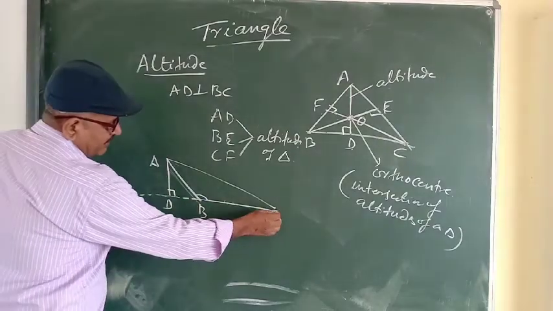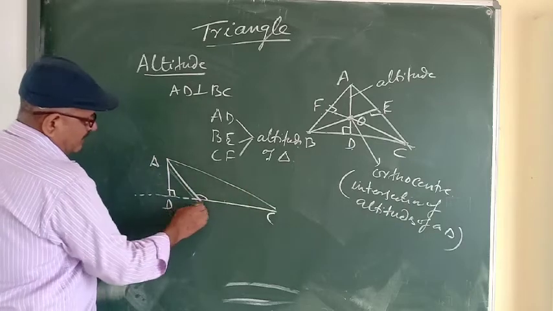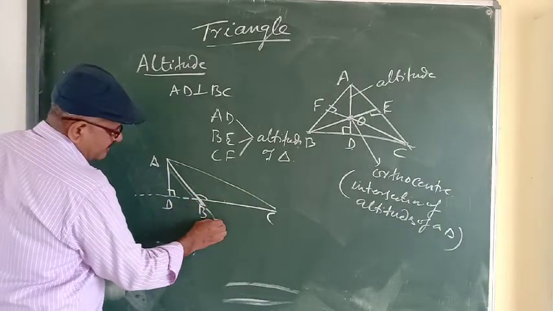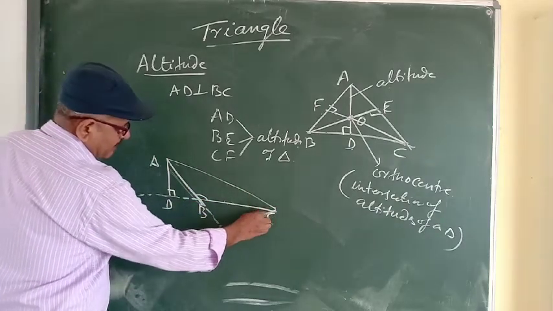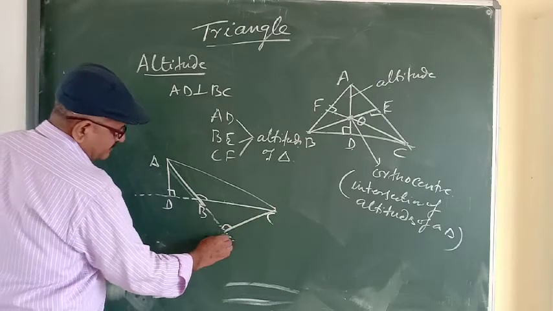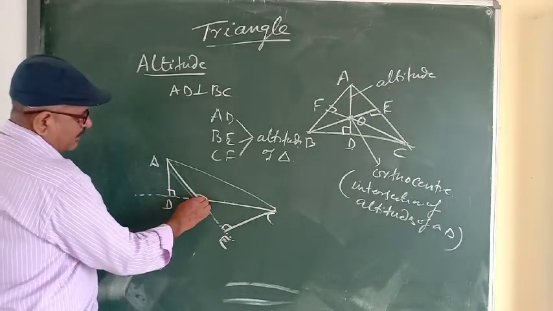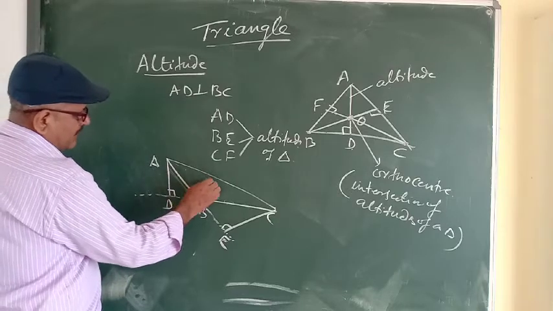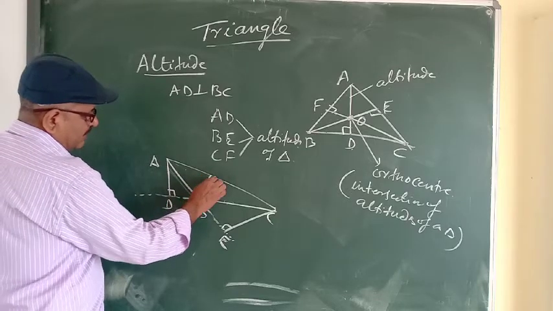Similarly, if we have to draw from C on AB, we will produce it and draw the perpendicular like this. From B, we have to draw perpendicular on side AC. We can draw the perpendicular like this.